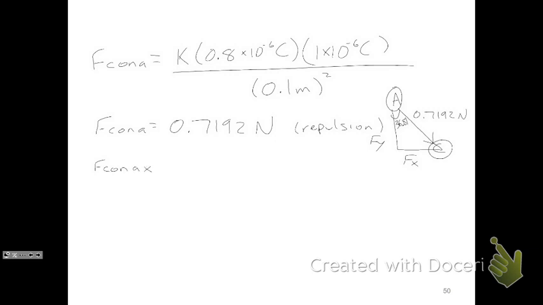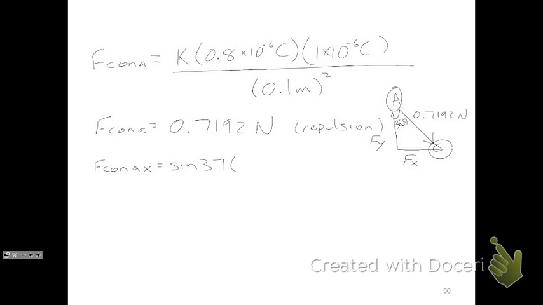Okay, so we can find F, C on A in the X. We have to keep direction here too, right? Yeah, we do have to be careful with that for sure. Good question. Okay, so FC on A in the horizontal component is going to be the sine of 37, and don't round, I just use 37 for space.